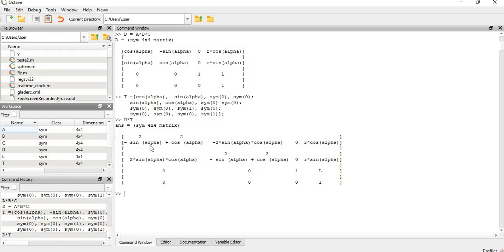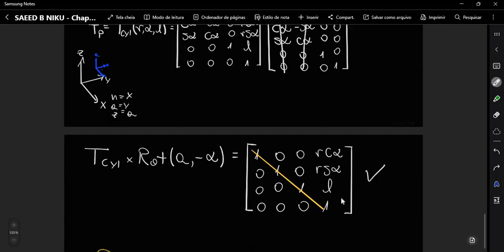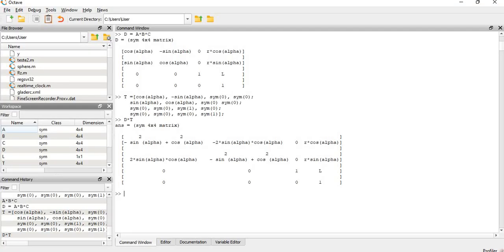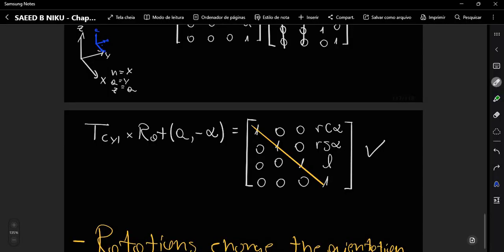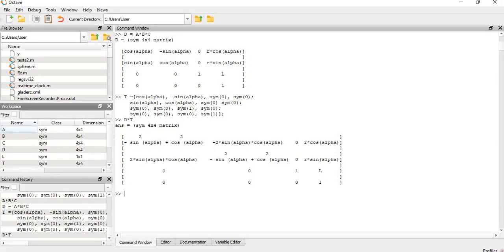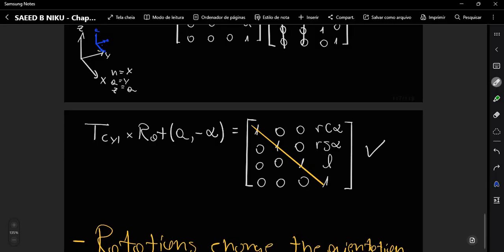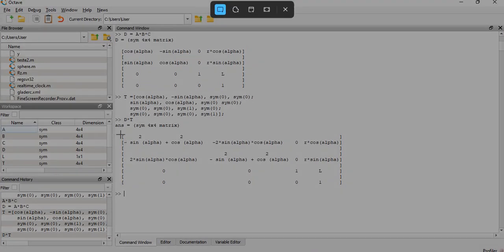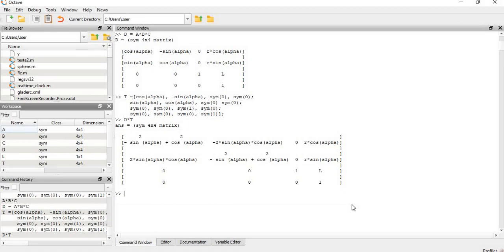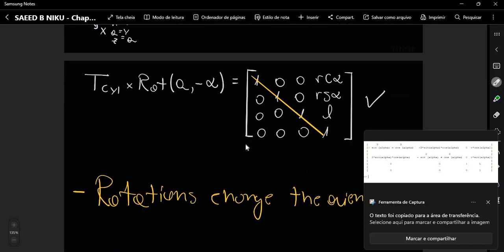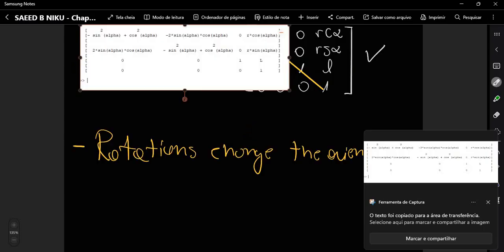Yeah, it's correct, but we are not getting a satisfactory result, and I don't know why. Let me check again. Let me take a screenshot and let's do this analysis.